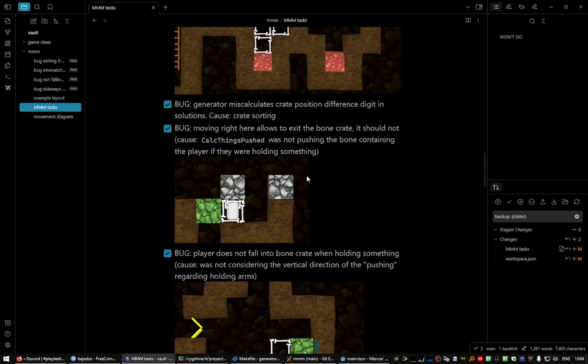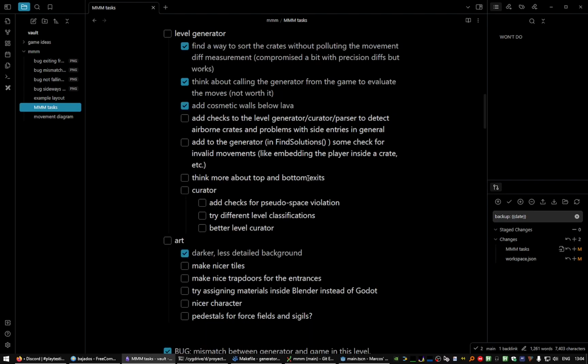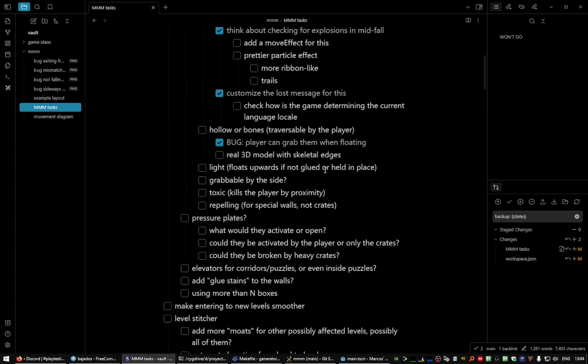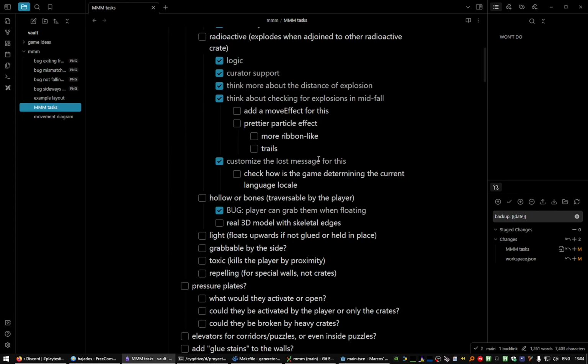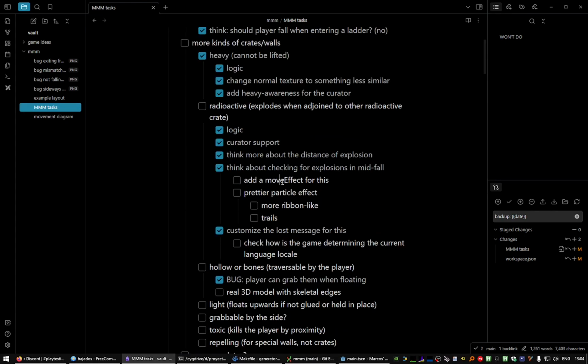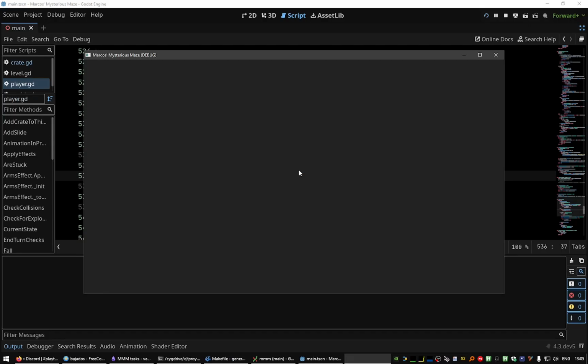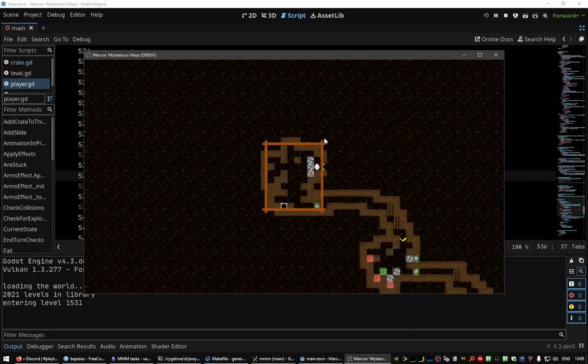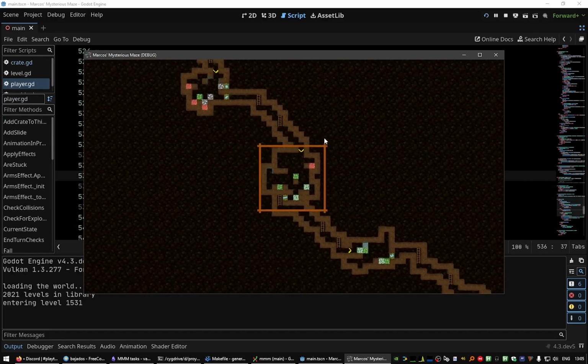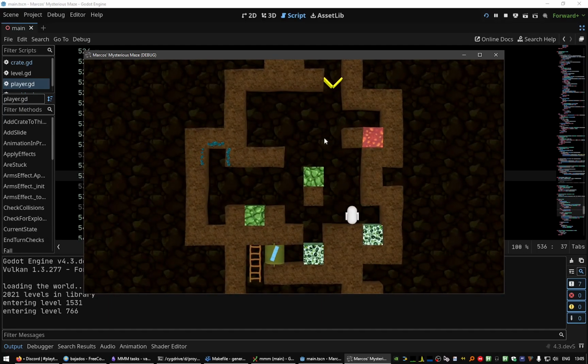I want to do, besides showing these bugs, this I wanted to do today, because testing yesterday situations with the radiation crates, like this one, for example.